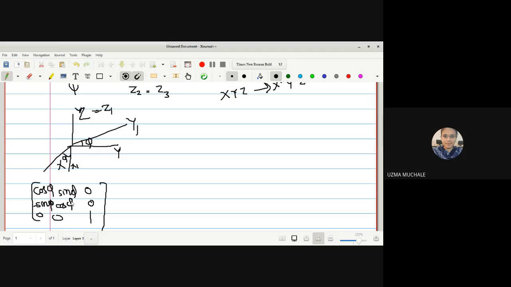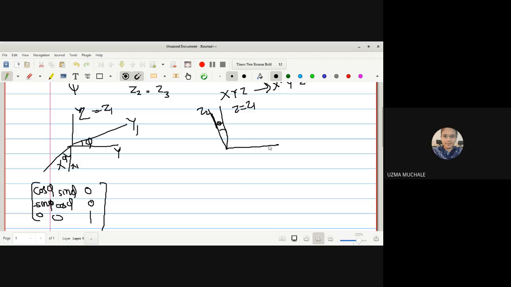Next, we performed the rotation through an angle theta about the x1 axis. What was the figure that I drew? Here z is equal to z1, and z1 is now changed to z2 through an angle theta.